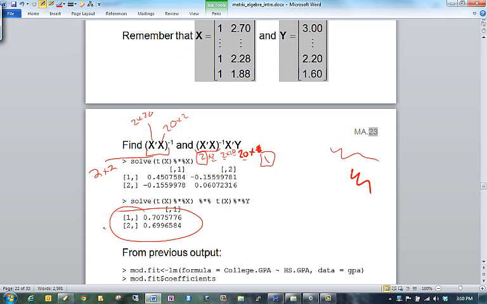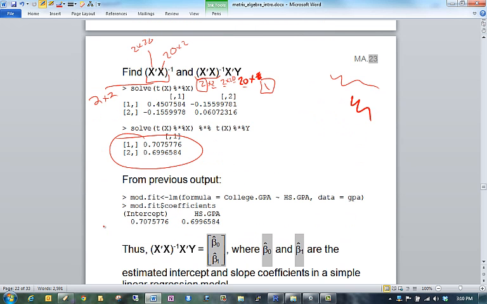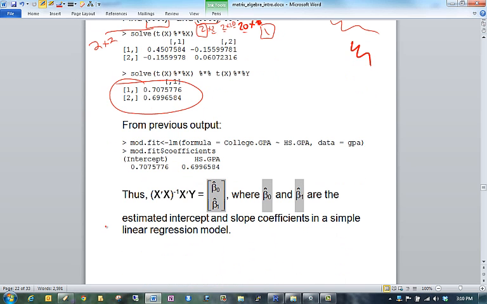Hopefully that looks familiar, because we actually saw those same numerical values in our introduction to R lecture. Specifically, they are the y-intercept and the slope from our regression model that we had found previously. If you haven't had a regression course where they talk about it in the context of matrix algebra, this would be new to you.